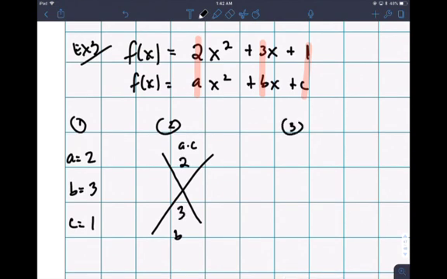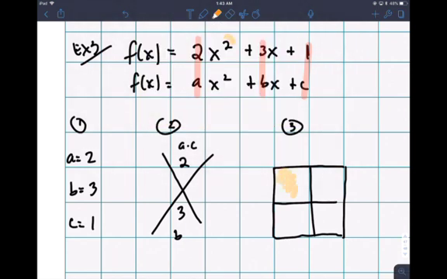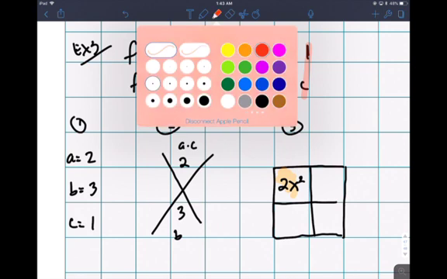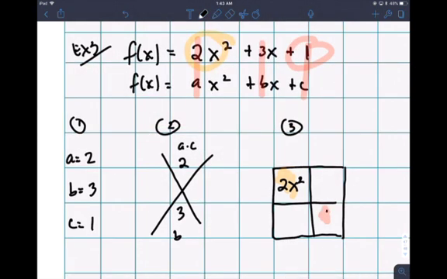Step number 3, I'm going to set up the box. Again, the first box is always the first part of the equation, in this case 2x squared. And the last box is always c, which is 1.